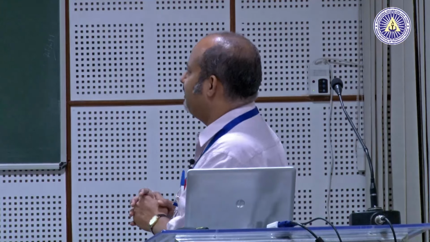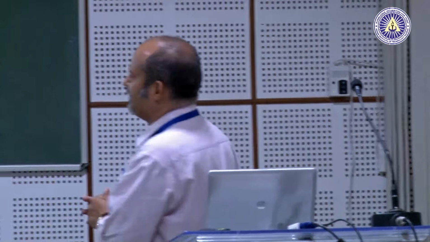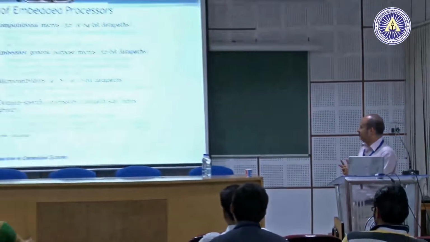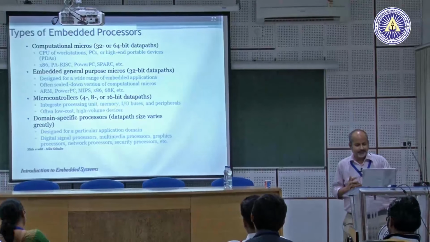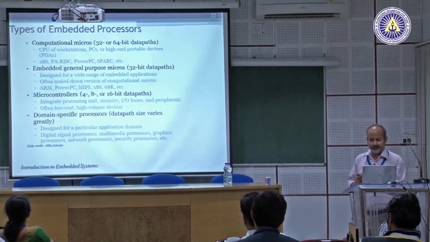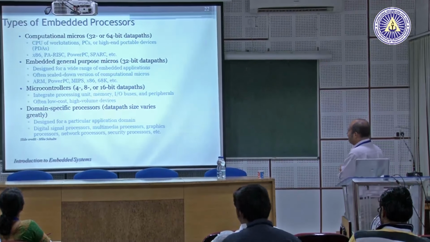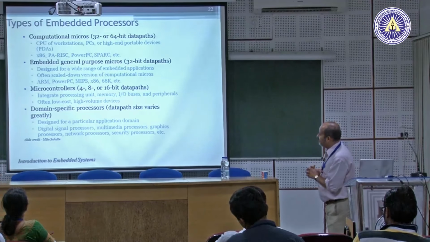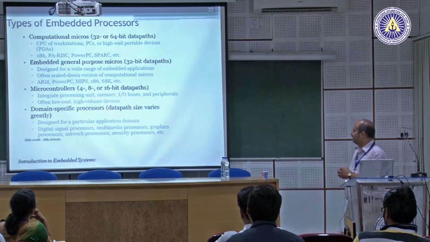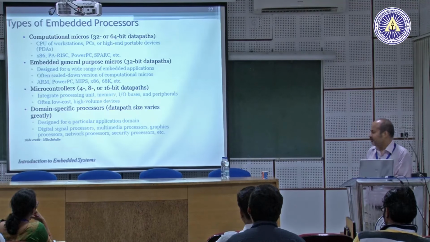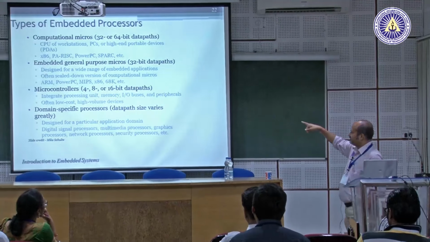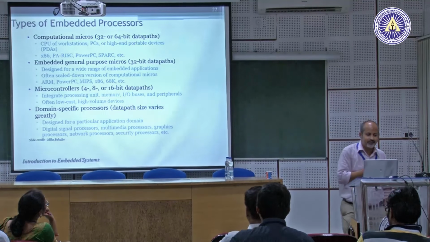Then you have microcontrollers, which have a 4, 8, or 16-bit data path. Usually they are pretty compact, often very low cost, and high volume devices. Those embedded general purpose ones are not necessarily very low cost.